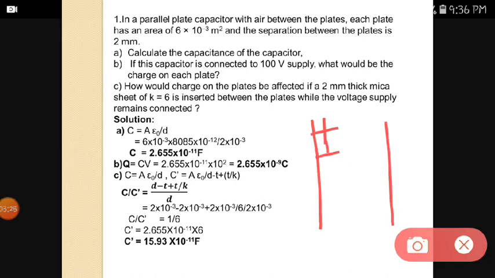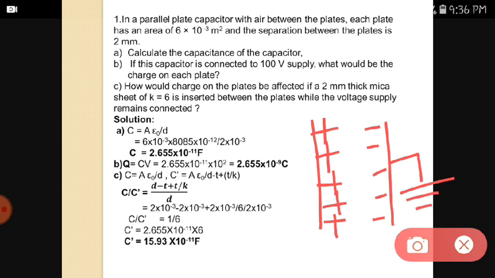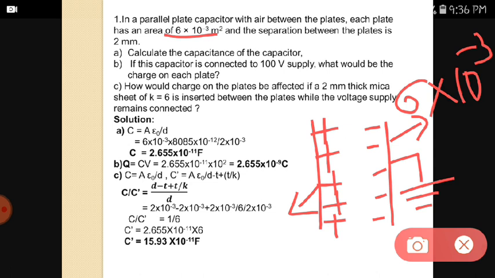In a parallel plate capacitor with air between the plates, let's draw a diagram. Each plate has an area of 6 into 10 raised to minus 3 meter square, and the separation between the plates is 2 millimeter.